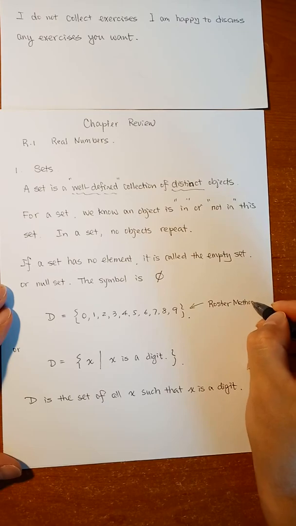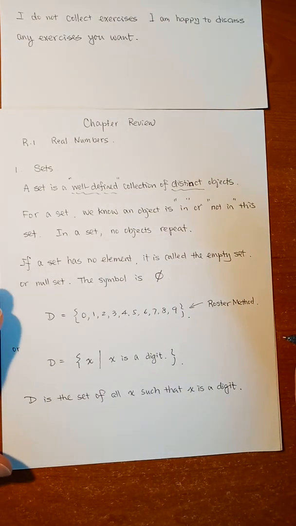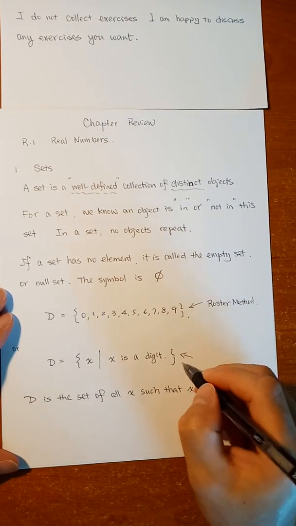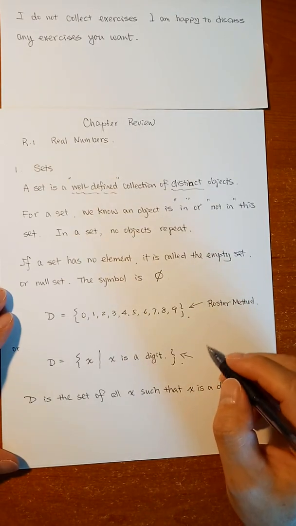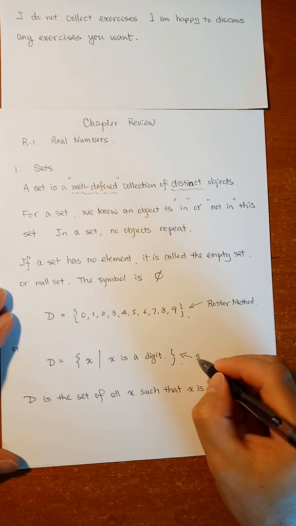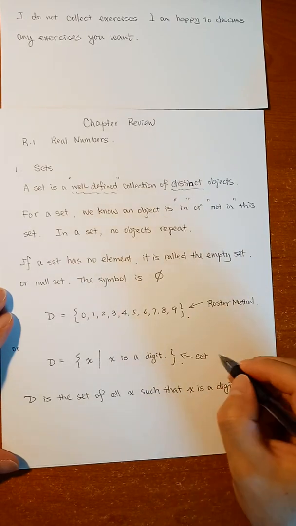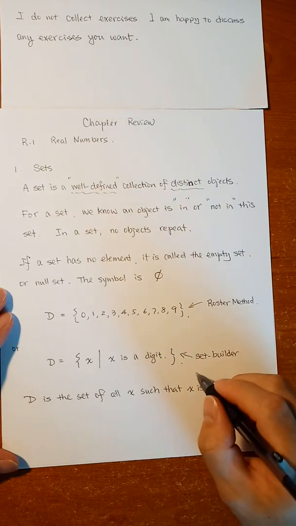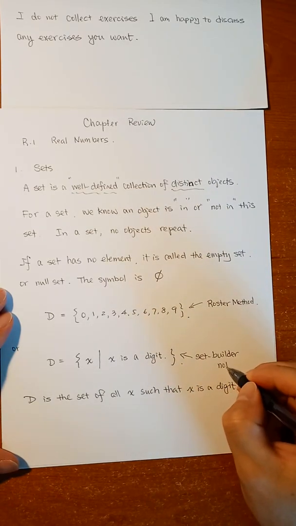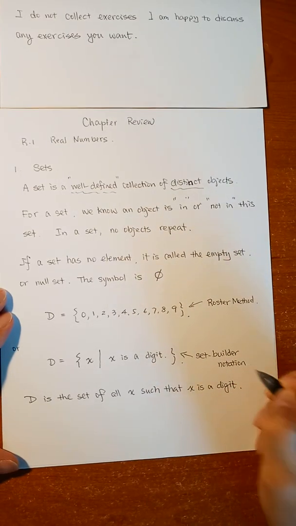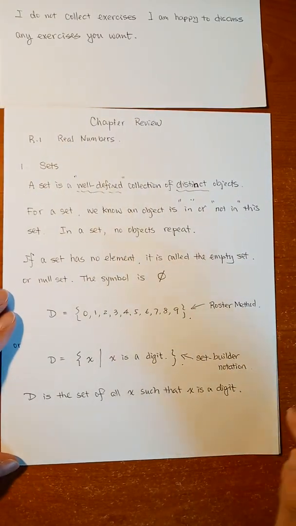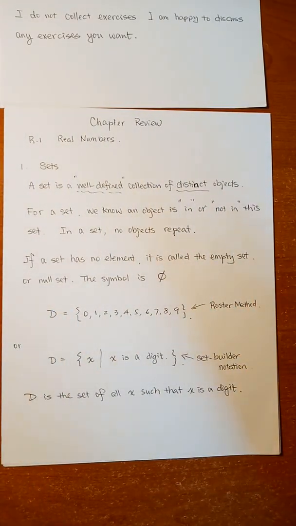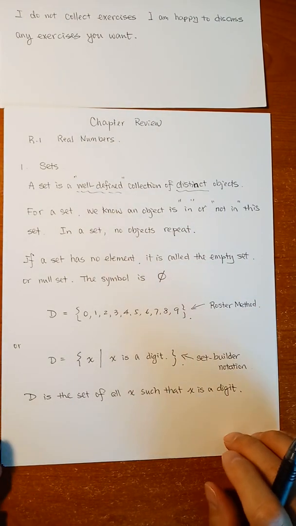And this type, they call the set builder notation. Don't ask me why they give such names. It's just a name. So there are two ways to present a set.